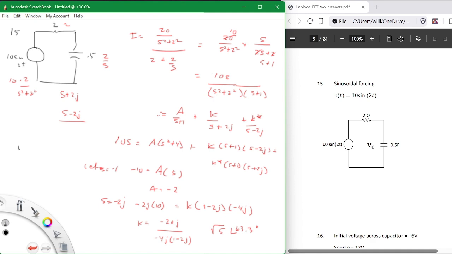The final answer is i of t is equal to A, which is minus 2 e to the minus t, which is this term, plus 2 times the square root of 5 cosine of 2t, which is the 2, at angle 63.